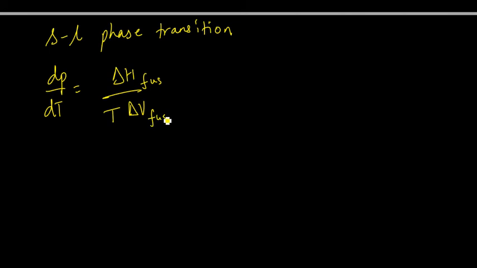Now in general, delta H fusion is always positive. It's always a positive number. Delta V fusion is normally a positive number. It's a very small positive number, normally. In case of water, it's a negative number. It's again a small negative number.